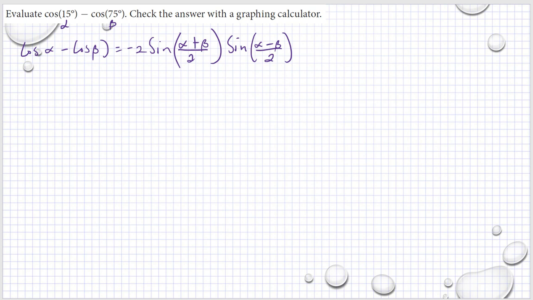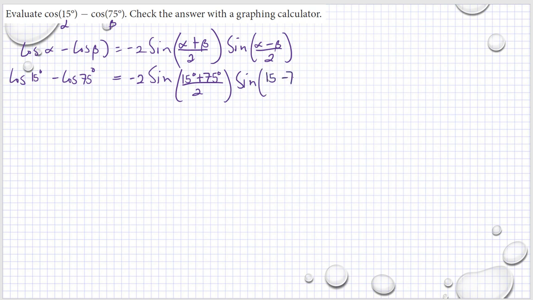Okay? It's not that easy to remember everything. Minus 2 sine, if this is our cosine 15 degrees minus cosine 75 degrees, we have sine 15 degrees plus 75 degrees over 2, multiplied by sine 15 degrees minus 75 degrees over 2.